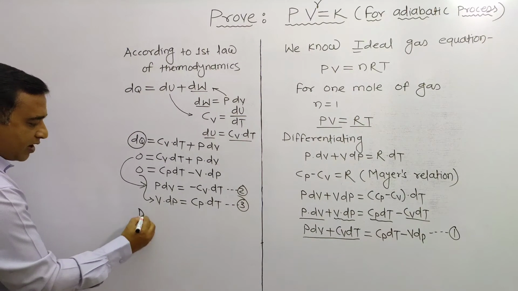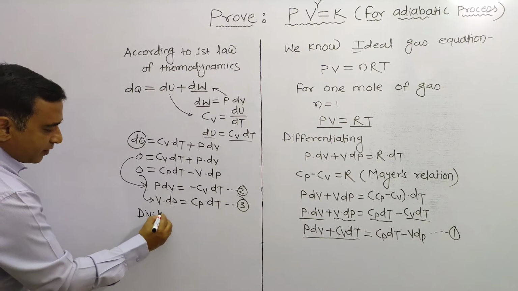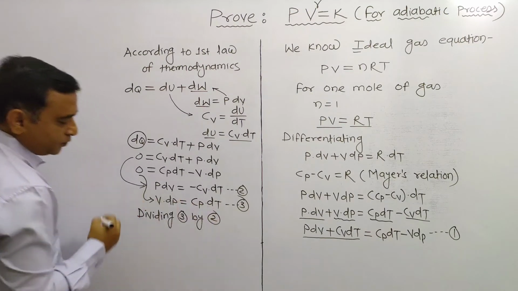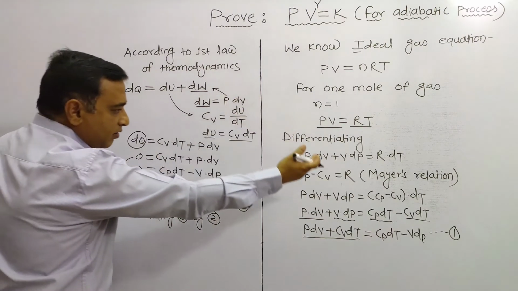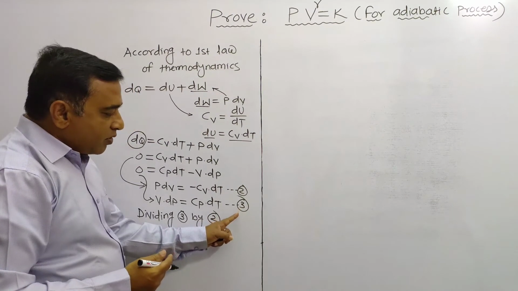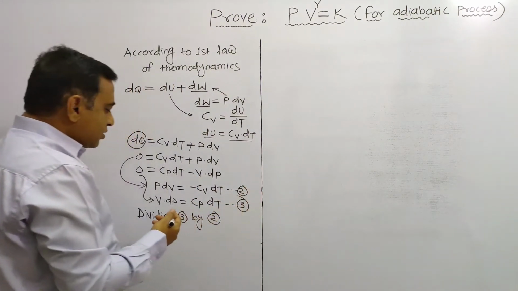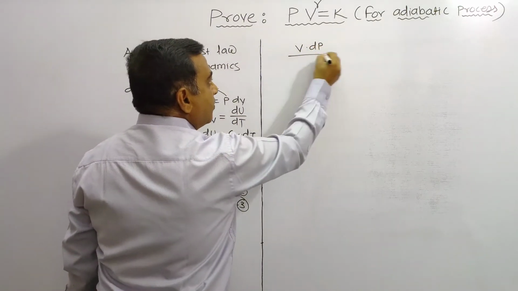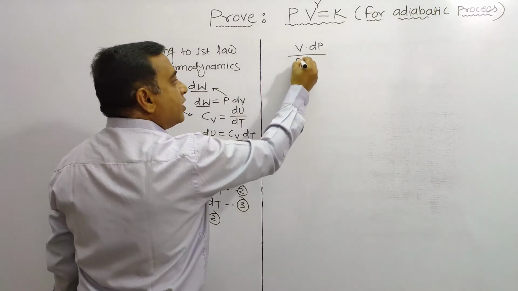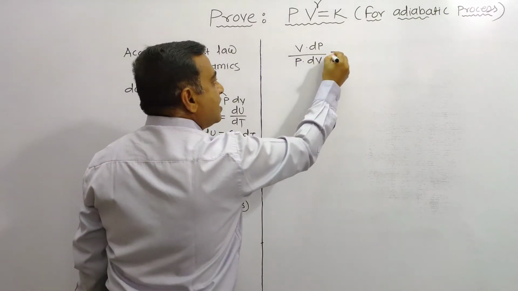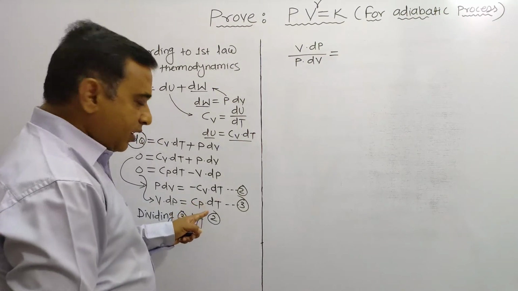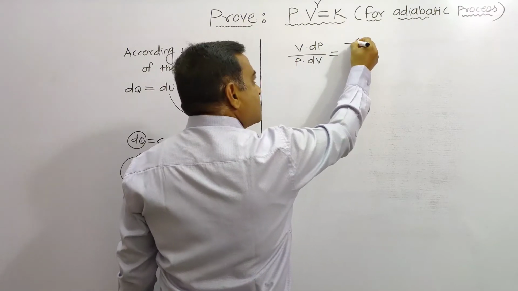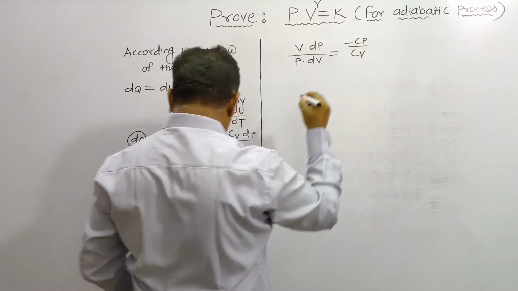Now we need to divide both equations, dividing 3 by 2. So this equation I am going to write here. After dividing equation 3 by 2, here it is: V dP divided by P dV is equal to Cp upon Cv, minus Cp upon Cv.